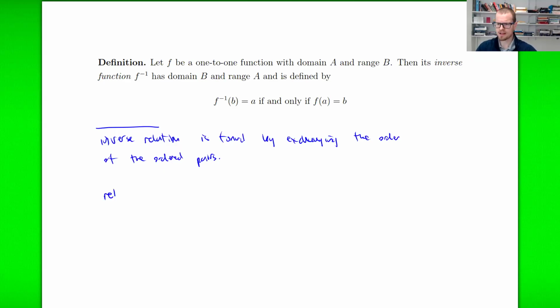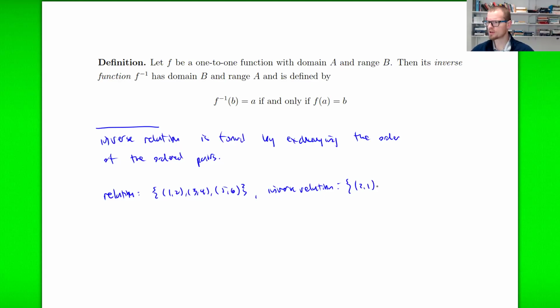So if we have a relation given by (1, 2), (3, 4), (5, 6), right? Not very interesting. Then the inverse relation would be given by exchanging the x and y coordinates.